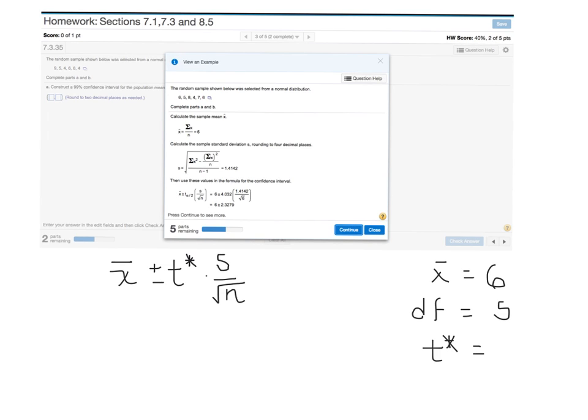4.032. Now, I don't know if your table rounds to 3 digits after the decimal point or 4 digits after the decimal point. I'll round to 3 digits after the decimal point. So I have my sample average, I have my critical value t star. Now what I need is my sample standard deviation.